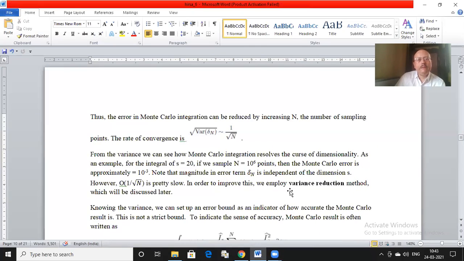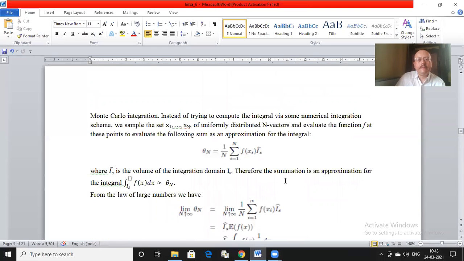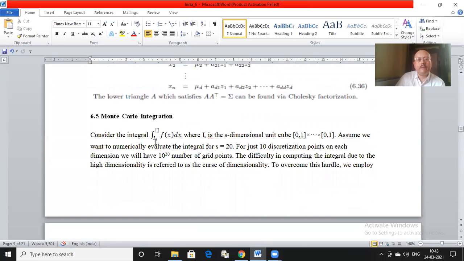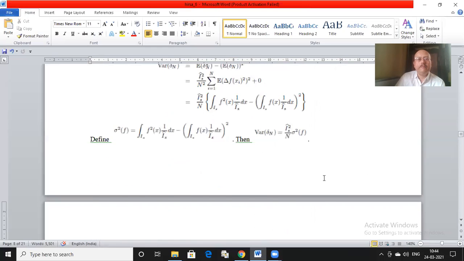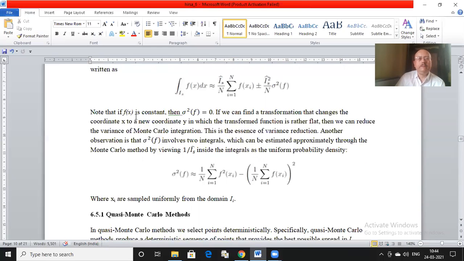This is just a rudimentary kind of idea. If the function that we are interested in is a constant, because we are talking about integration, if the function is a constant function rather than an actual curve, then sigma square f will be 0. Which means if I have a function which is reasonably flat, the variance will be even smaller. The sigma square f will be smaller, so the overall term will also be smaller.